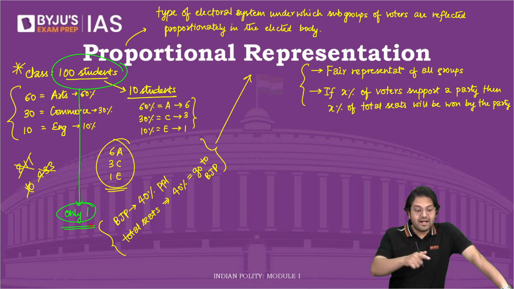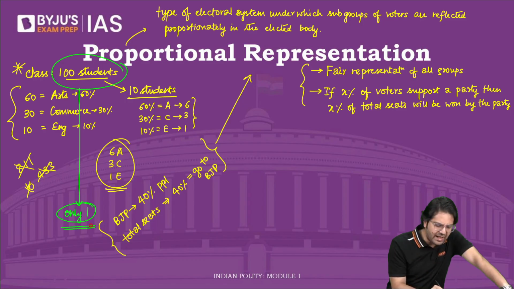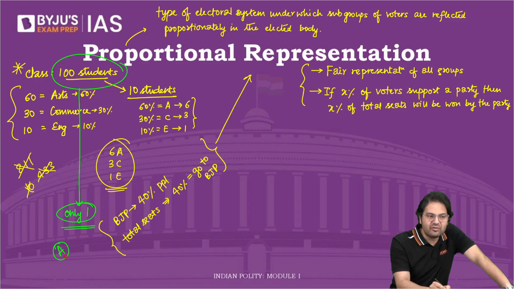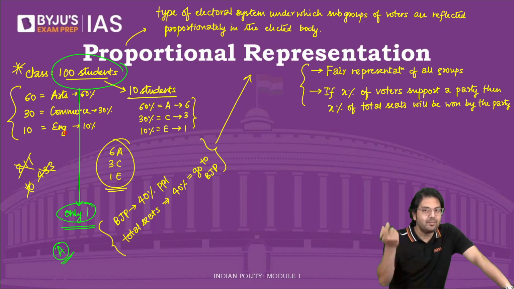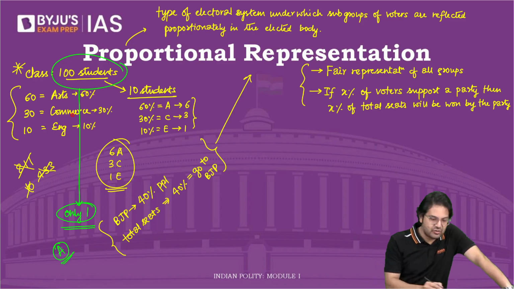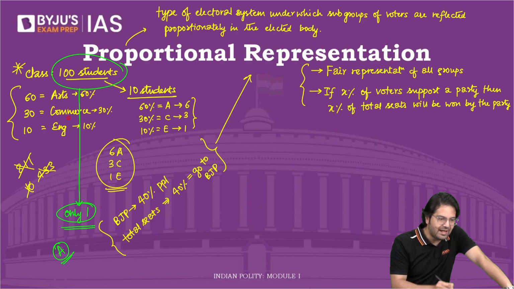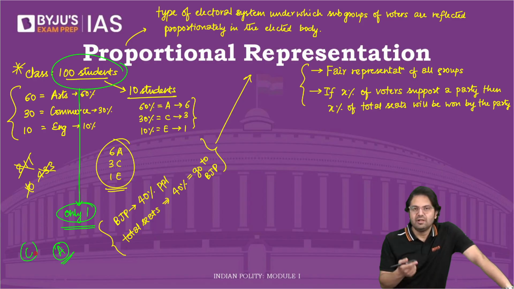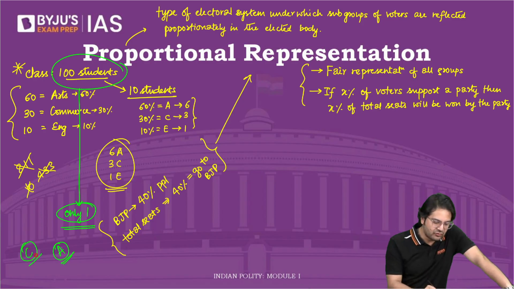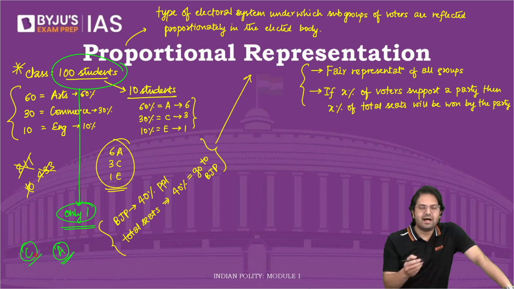So some of you may say, sir, art students are in majority, let's choose art students. Fair enough. If I choose an arts background student, then the engineer and the commerce students are not represented. If I choose a commerce student, then the arts and engineering students are not represented. And if I choose an engineer, then the arts and commerce students are not represented, right?